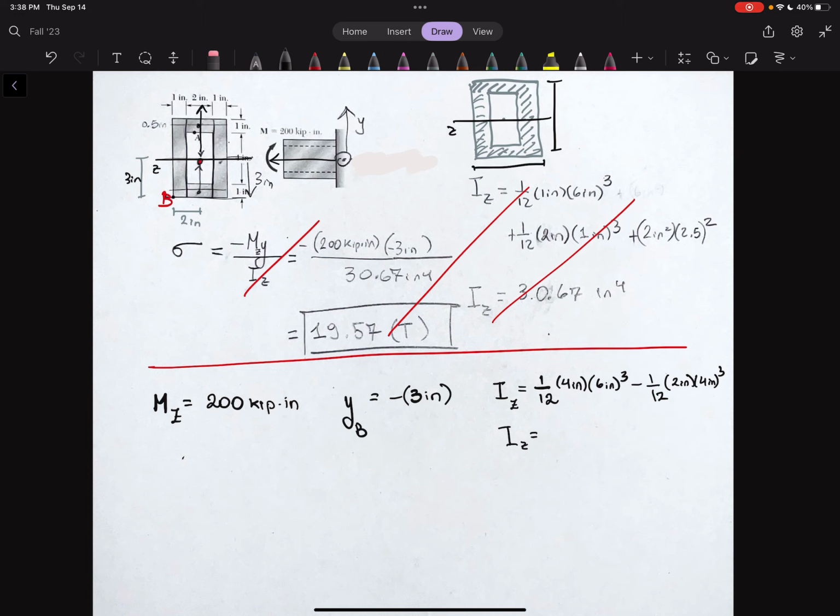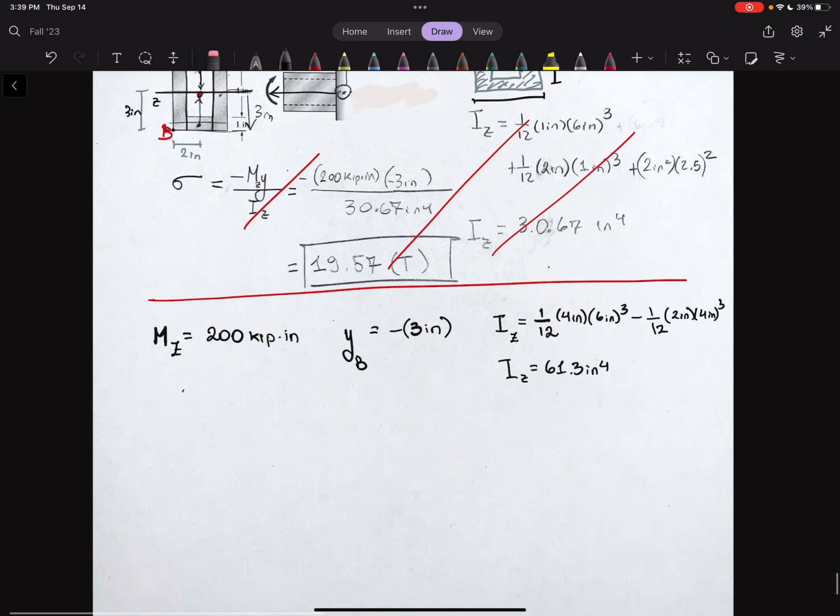We can even factor that out, but I'm not going to, just because I don't want to make algebra mistakes. So 6 to the third minus 1 over 12 times 2 times 4 to the third, and that's going to be 61.3. So this is going to be 61.3 inches to the fourth, right?